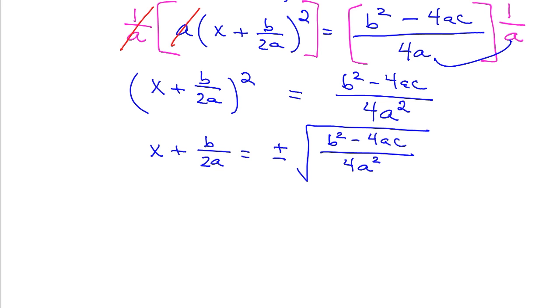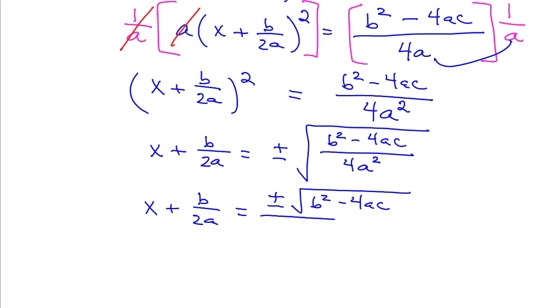Again, when you have a square root of a fraction, you can split that up over the numerator and the denominator. Put the plus or minus on the numerator, and b squared minus 4ac stays inside the square root. On the bottom, however, 4 is a perfect square, and that's a 2. And then a squared is a perfect square, and the square root of that is a.